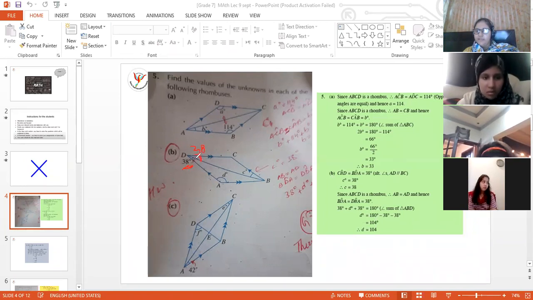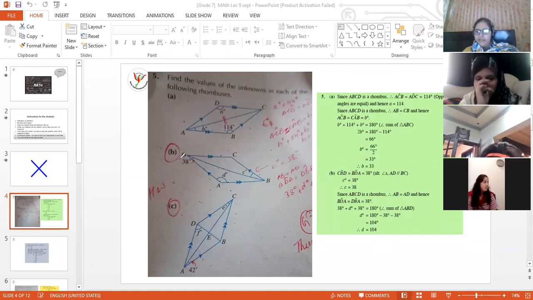If this is 38 degrees, the other part of the diagonal will also be equal to 38 degrees. Whenever this arrow is shown, do remember that if this is 38, this will also be 38 degrees, right? One thing clear? Okay. The other part is you have to find the value of the unknowns, which are d degree and c degree, right? This is a rhombus.